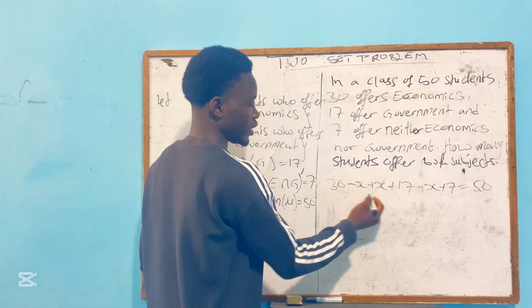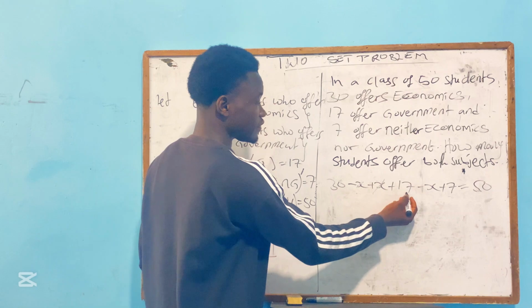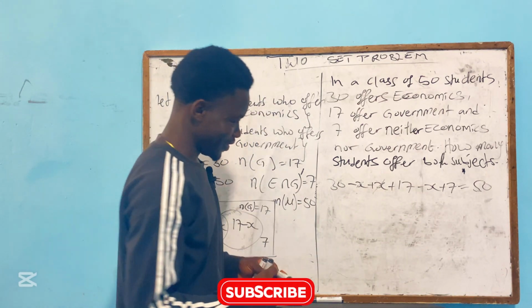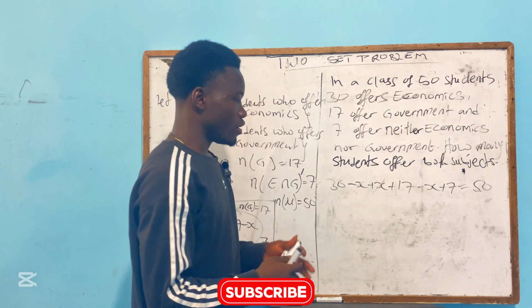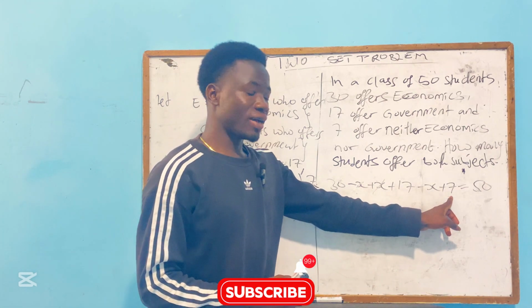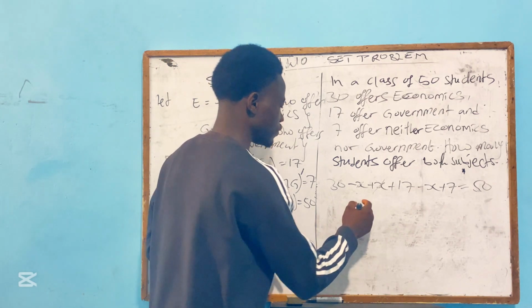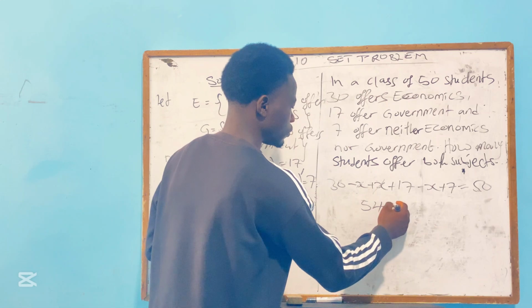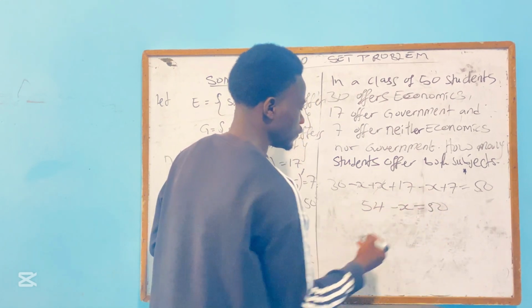The x's go with each other because negative and positive cancel. Then 30 plus 17 gives me 47, and 47 plus 7 gives me 54 minus x, and this is equal to 50.